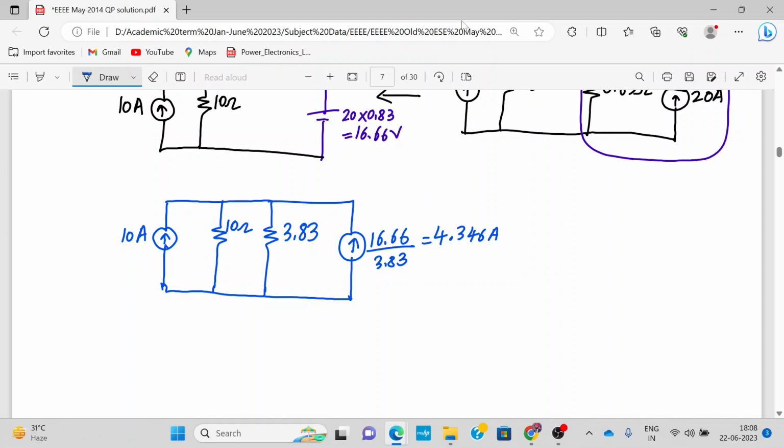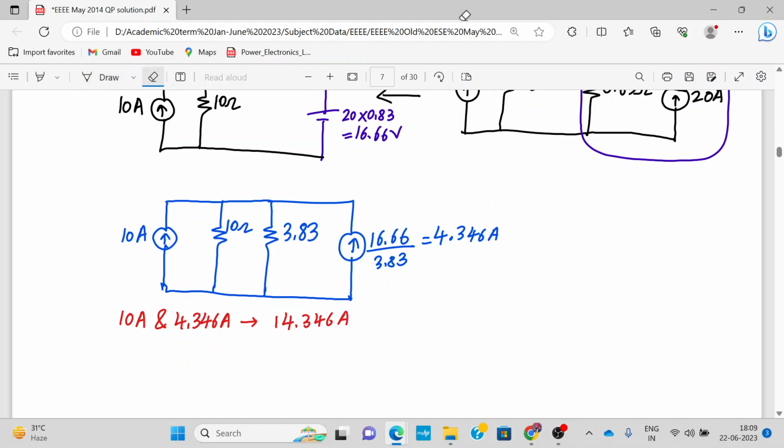Yeah. Now what will happen? The 10 ampere and 4.346 ampere current sources will add up, and will become how much? 14.346 ampere current source. Also, 10 ohm resistance will be in parallel to 3.83 ohm resistance. I mean, sorry, we cannot do it in parallel.